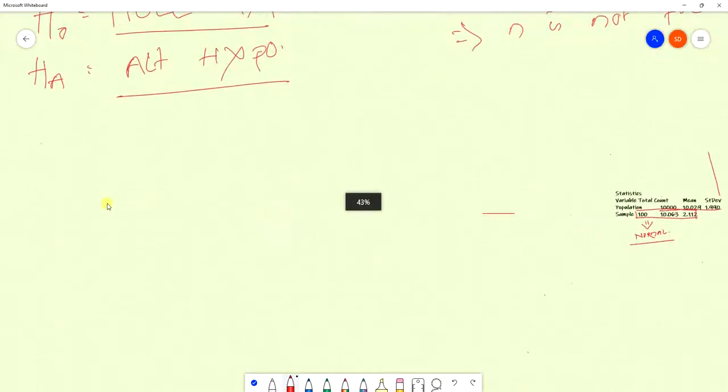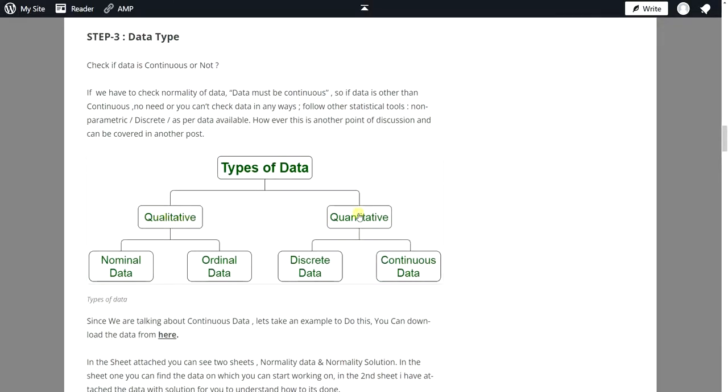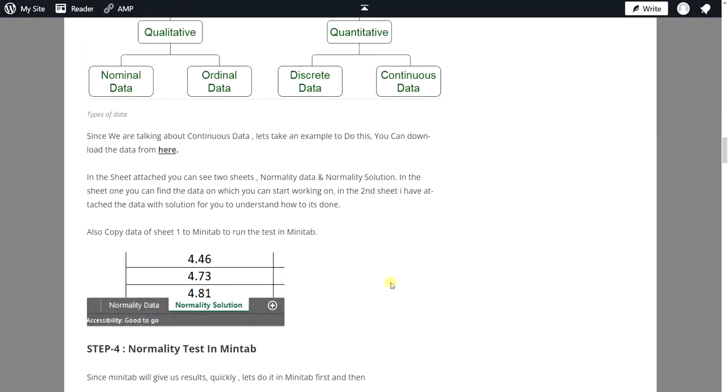The first thing you must check is the data type. Like I was showing you earlier, the data type can be qualitative or quantitative. Under qualitative you can have nominal and ordinal data, and under quantitative, discrete and continuous data. However, a normality test can only be done on continuous data. We cannot do this on any other sort of data.